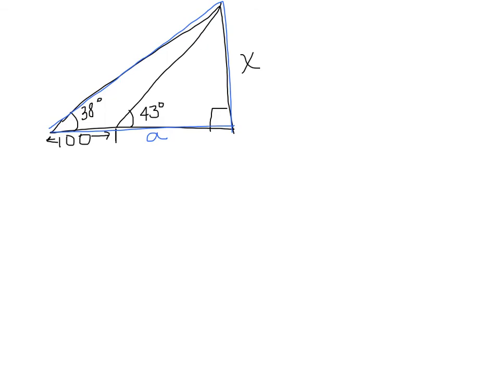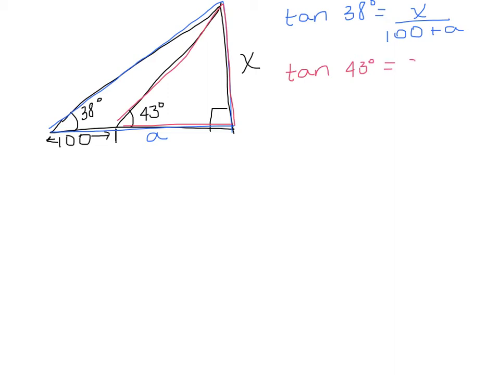So I would have tangent 38 equals opposite over, now the adjacent is going to be 100 plus A. And then for the little triangle, I would have tangent 43 degrees equals opposite over adjacent. So those will be the two right triangles.